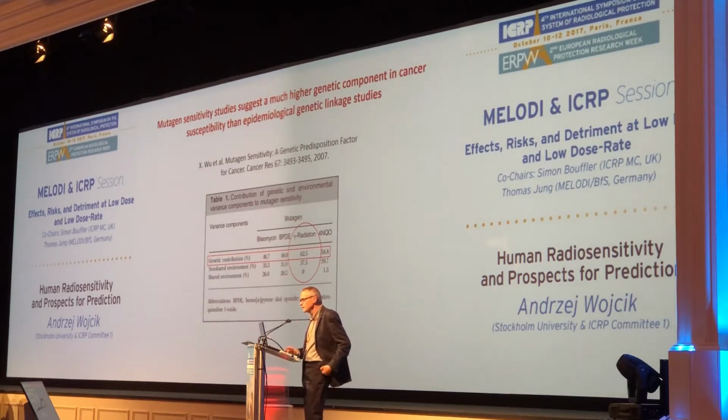And in fact, there is a paper by Wu who has been analyzing sensitivity to bleomycin as a marker of high sensitivity or susceptibility to different carcinogens. And he says, well, the genetic contribution to this high in vitro radiosensitivity component is about 60% genetically determined. So that's much higher than what we know from genetic linkage studies.